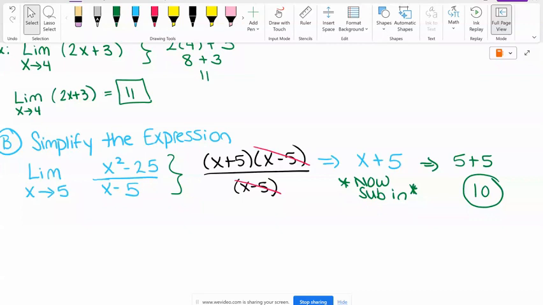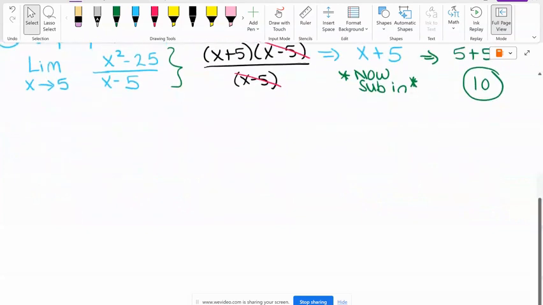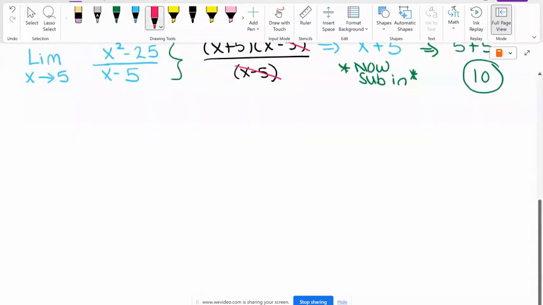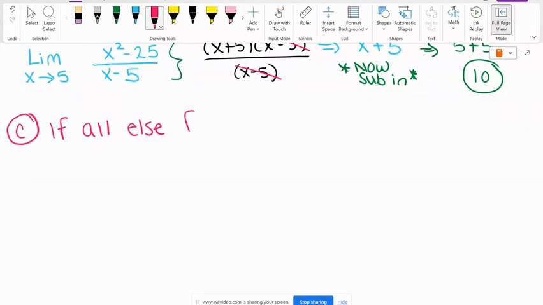Can I go on to the third scenario? Okay, so now this is still case number 1, when x equals a number. So our third option is, if all else fails, try to sketch or use logic.